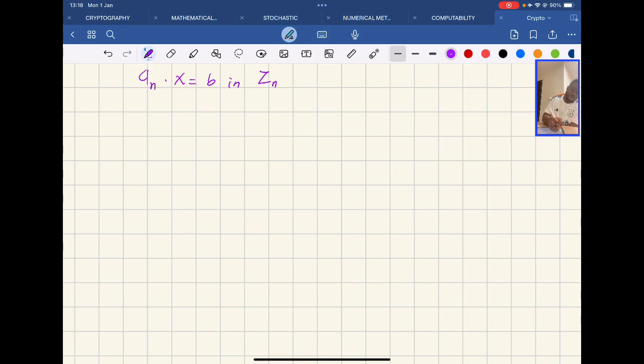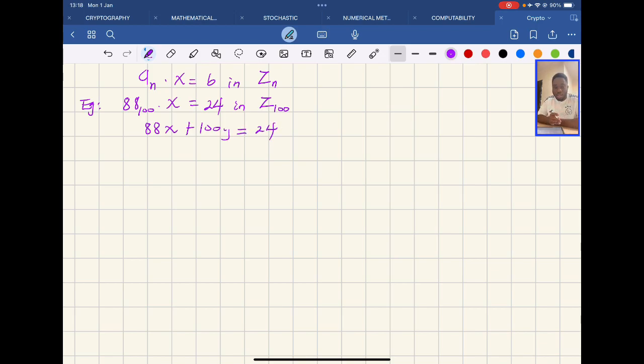An example is, if you have 88x is equal to 24 in modulo 100, how do you solve this? Whenever you are being given a question like this, you have to resolve this into a linear Diophantine equation. So you're going to get 88x plus 100y, and this is equal to 24.